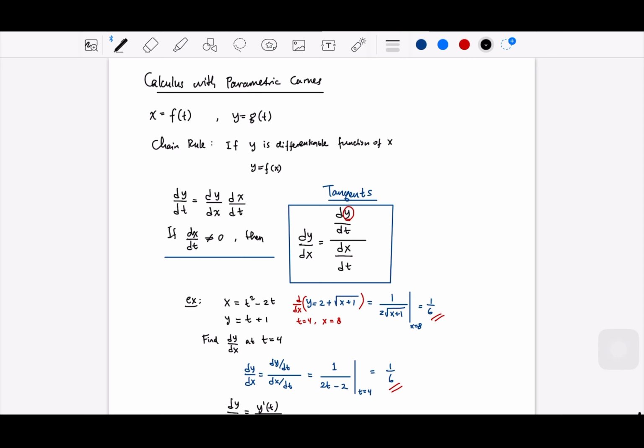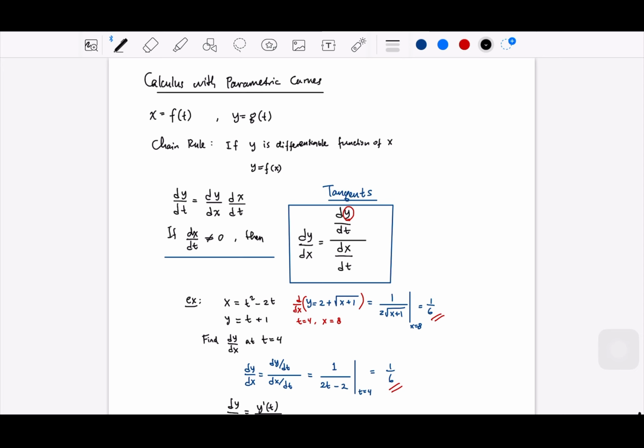At a first impression, you might think that if I differentiate one more time, perhaps this will be differentiated one more. It seems like that.